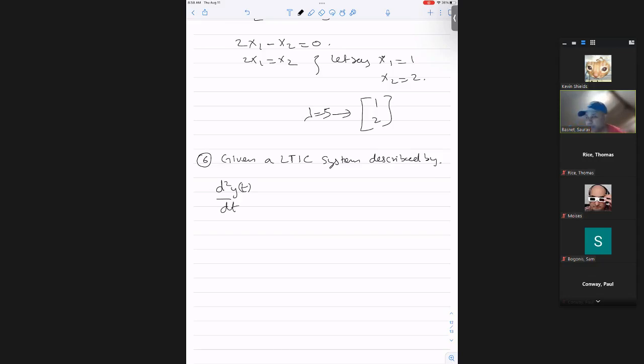You can use any method, either time domain or Laplace domain. Laplace domain is easier than time domain, but it's up to you. Whichever you feel comfortable with. Because if you do Laplace domain, you can directly find y(t).